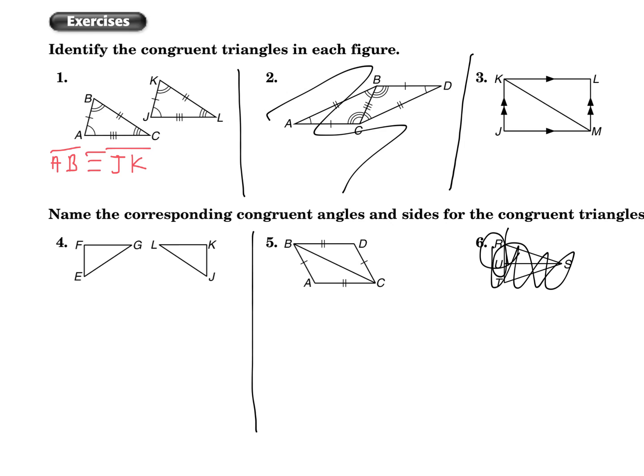Next would be side AC is congruent to side JL. And then side BC is congruent to side KL.